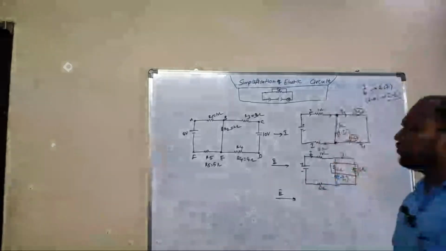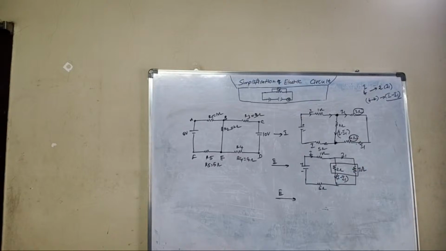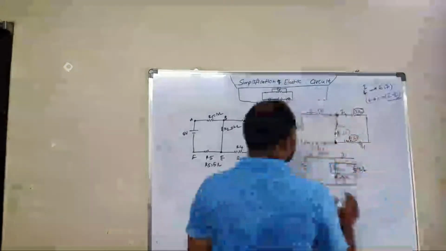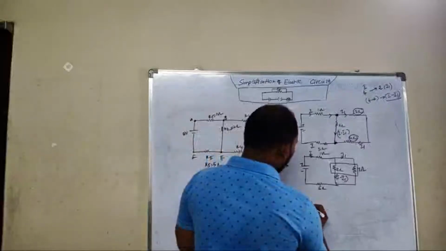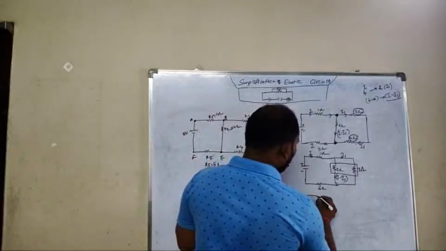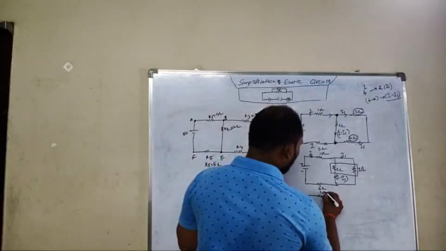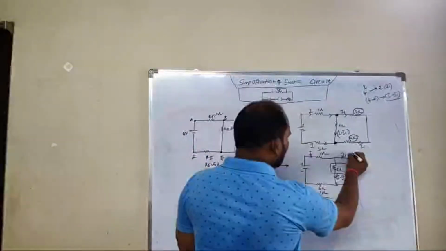These two have different currents. So 2 ohms and 7 ohms have two different currents. So when we have two different currents, then you call it both in parallel. Once again, 1 ohm, and we have to simplify these two.